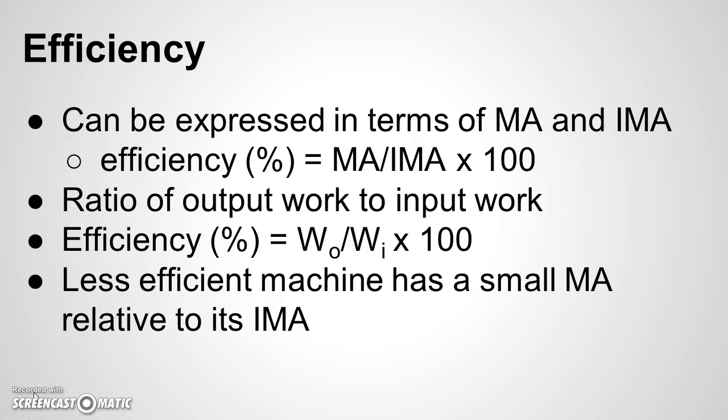The true mechanical advantage divided by the ideal mechanical advantage times 100 gives us a percent of efficiency of the machine we are exploring. The closer that is to 100, the more efficient the machine is.